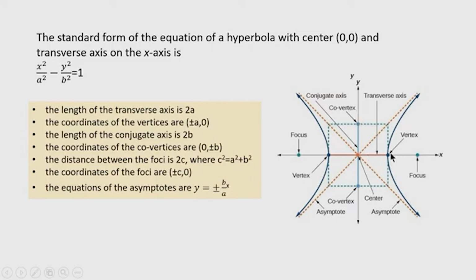So, the vertices are located at a distance a from this conjugate axis, whereas the two foci are located at a distance of c from the conjugate axis. Okay. But the distance between the two foci, the length of the transverse axis and the length of the conjugate axis are related by this relation: c square equal to a square plus b square. So, this relation is valid for this hyperbola.